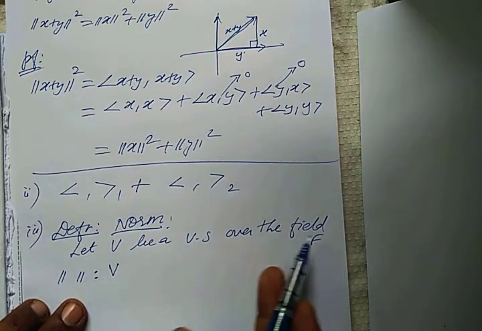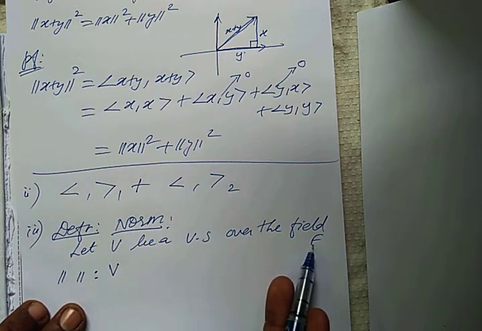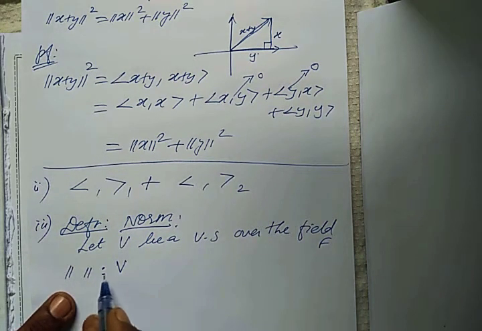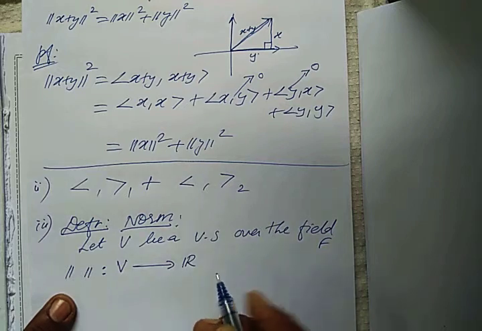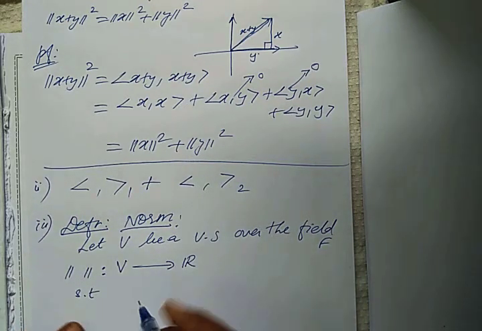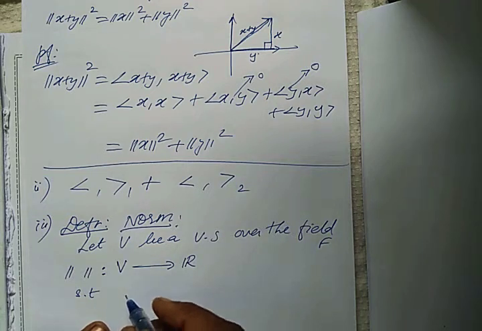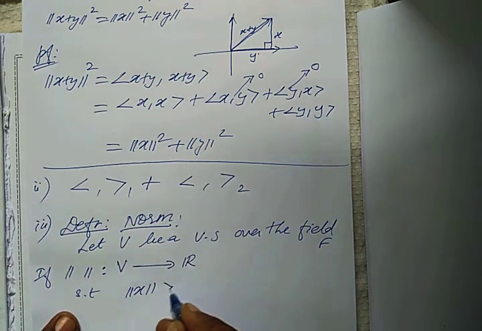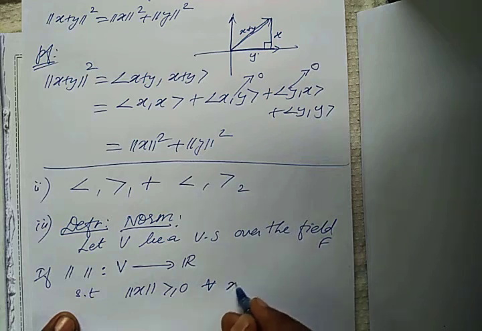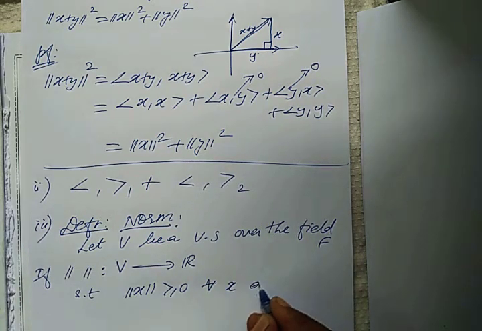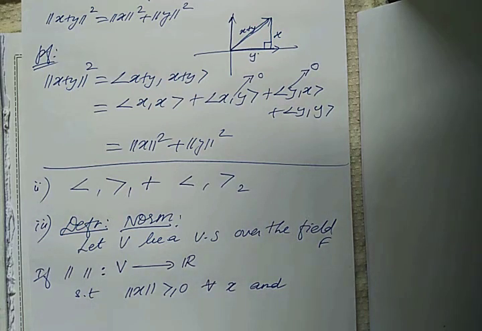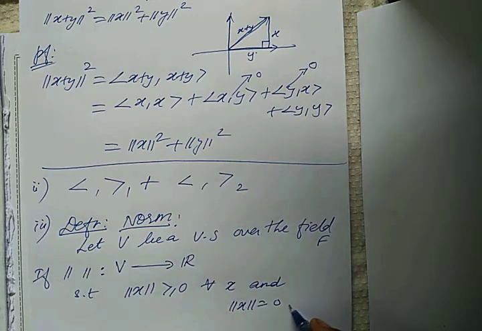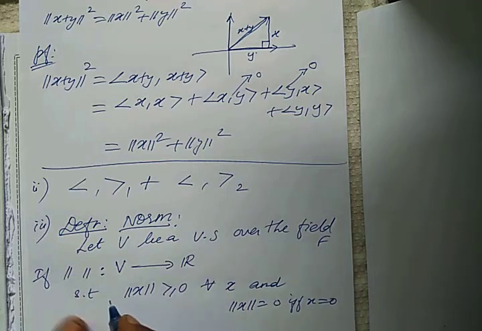Let V be a vector space over the field F. Field may be C or R. Now we define a new function, norm from V to R, such that norm x is greater than or equal to 0 for all x, and norm x is equal to 0 if and only if x is equal to 0.